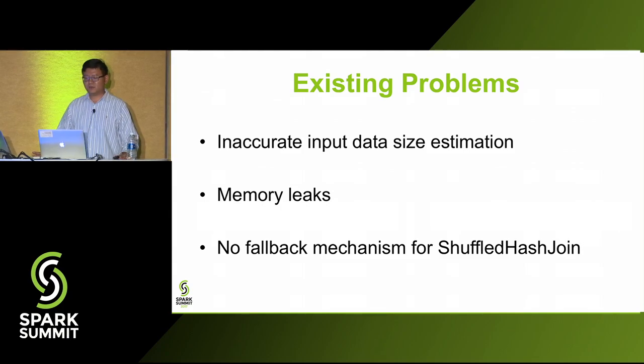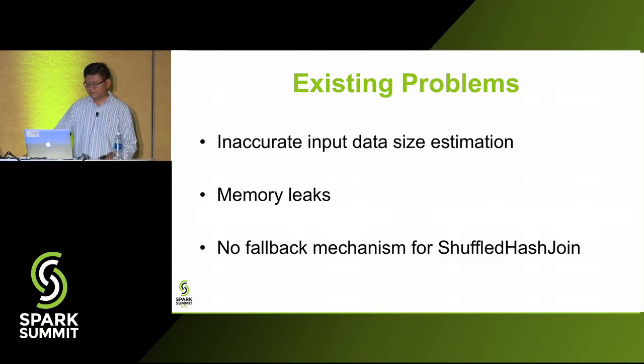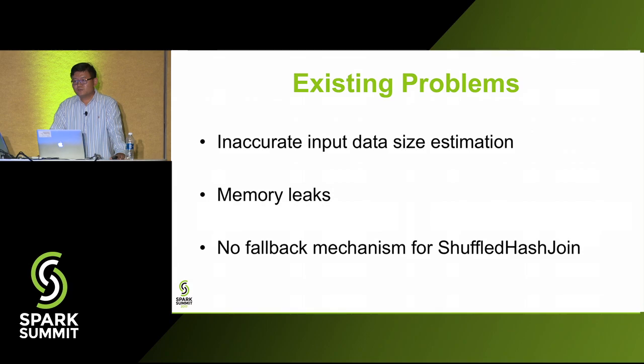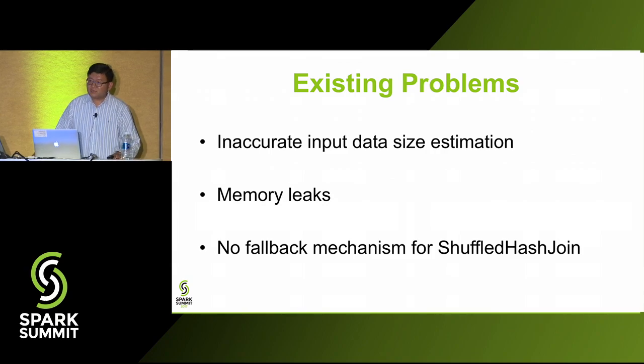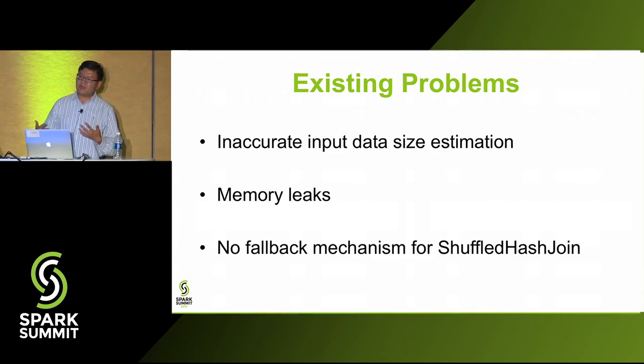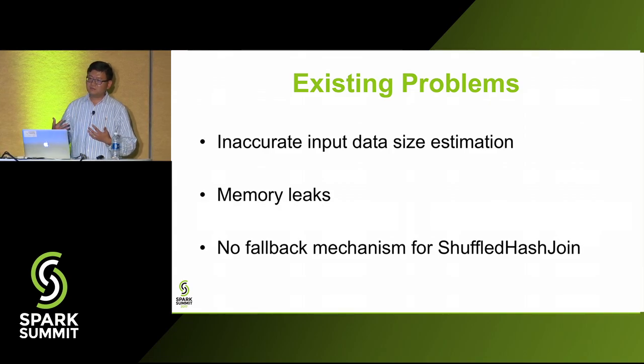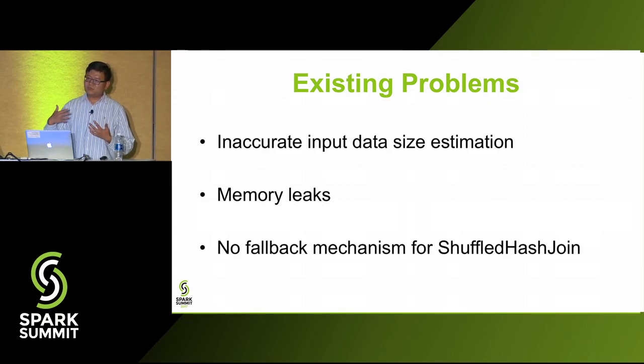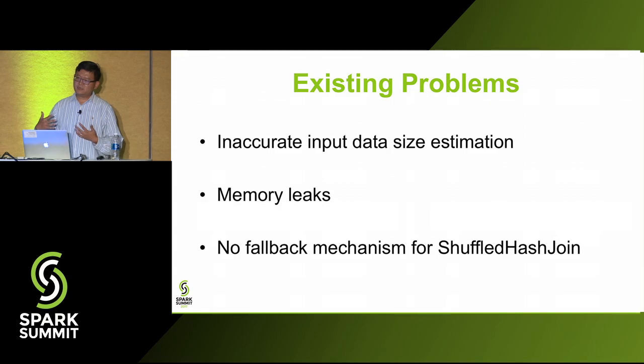No broadcast join, no shuffle hash join. Then we also found some memory leak during the shuffle hash join. Actually, it also happened in the sort merge join. The last issue is about where we can apply the shuffle hash join. The pipeline runs daily, and each day the source data is different.